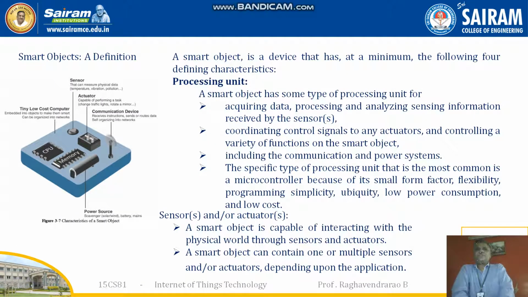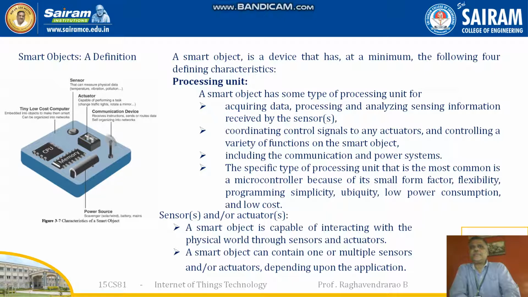The smart objects, some definitions again. So this is a smart object that is shown, which is going to have the power source. The characteristics of this smart object are power source, then a tiny low power, low cost computer, sensors, actuators, and communication devices.